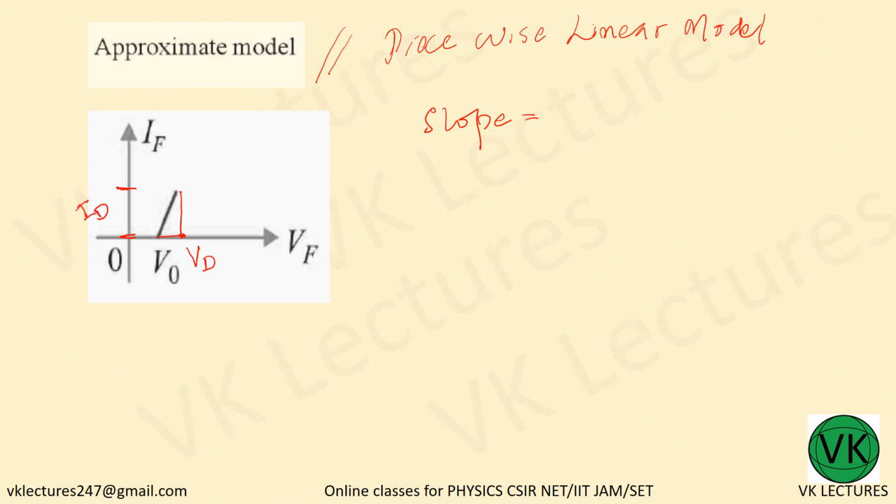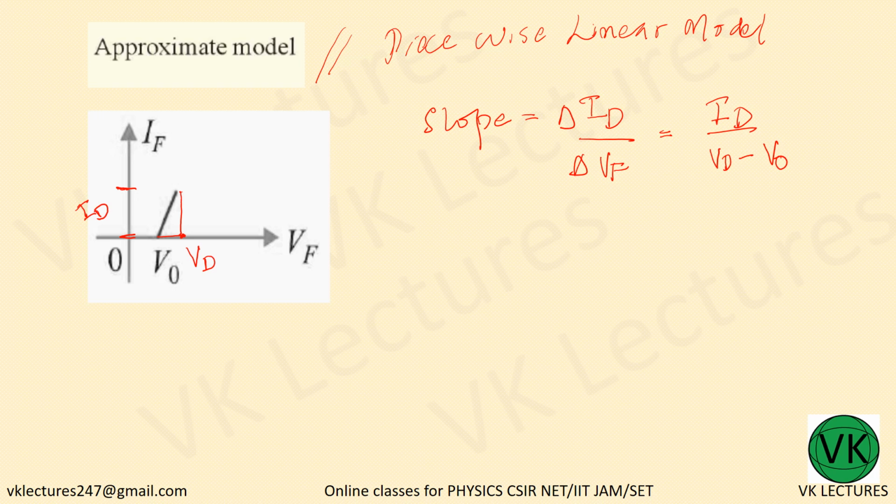Okay, now slope means Id by, or delta Id by delta Vf. Now what is delta Id? That delta Id is nothing but the diode current, and delta Vf is nothing but Vd minus V0, where V0 is the barrier potential and Vd is the voltage applied across the diode at a particular point.